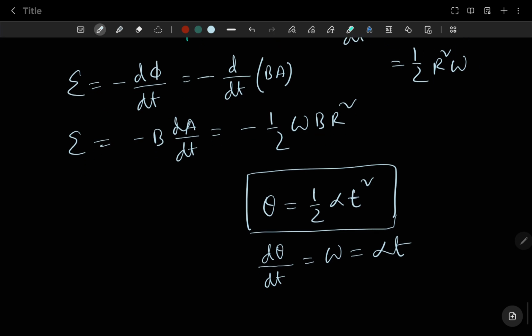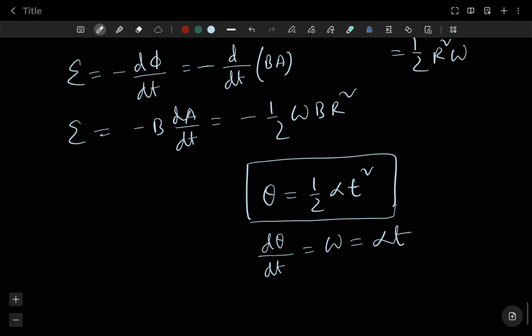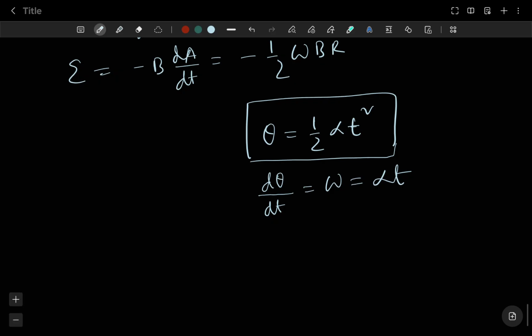So epsilon will be minus half, in place of omega we will put alpha t, so minus half alpha B r square t.